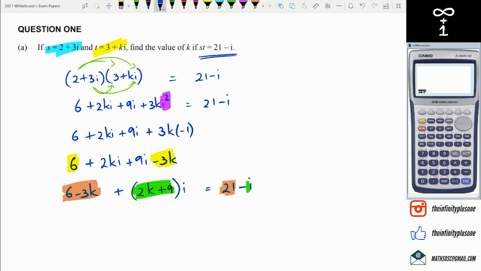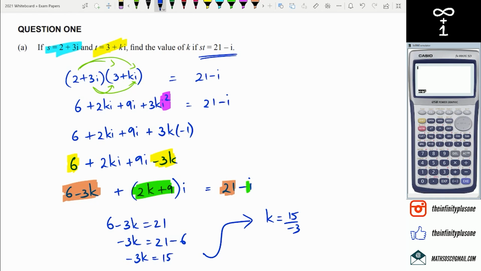I'm going to go with the real values, so 6 minus 3k equals 21. So negative 3k equals 21 take away 6, negative 3k is 15, which gives me k equals 15 over negative 3, so k is equal to negative 5.